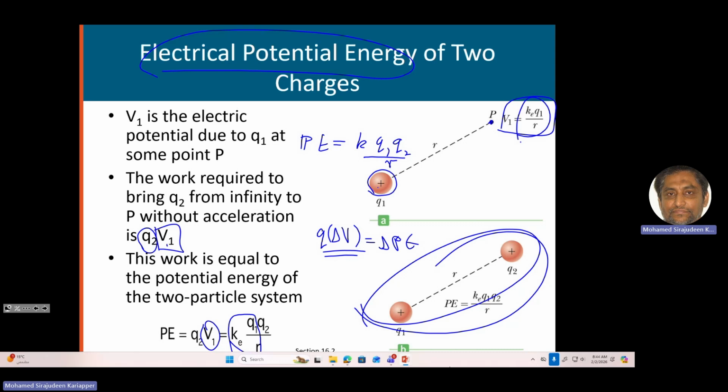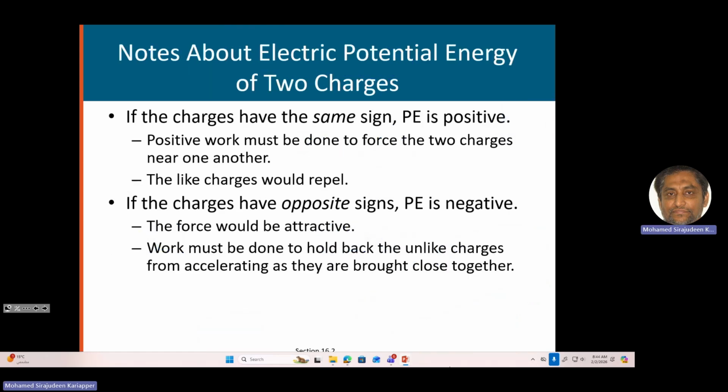That is the equation: K Q1 multiplied by Q2 divided by R, not R squared, R. So let me write that equation again, PE equals K Q1 Q2 divided by R. This is the potential energy of a two-point charge system. Q1 is one charge, Q2 is the other charge, and the distance between them is R. K is the Coulomb constant.